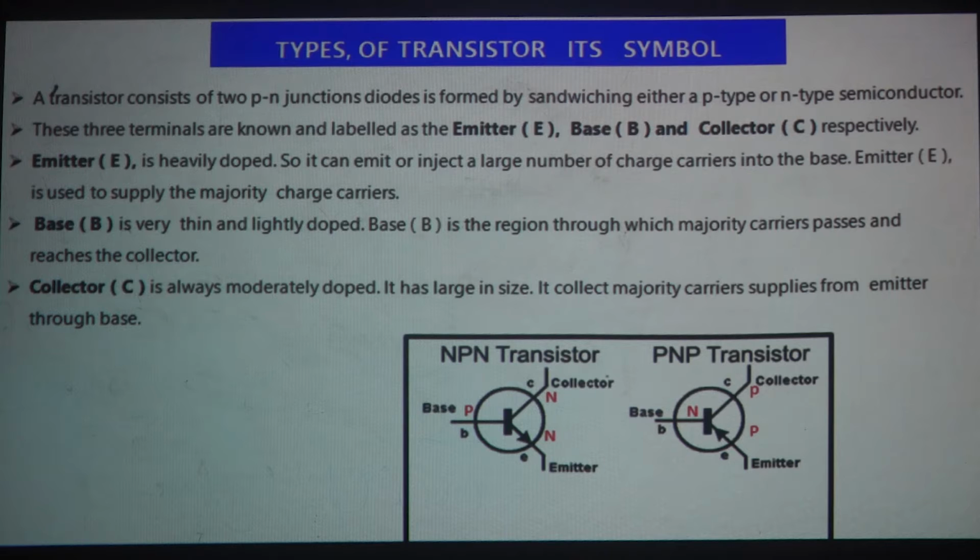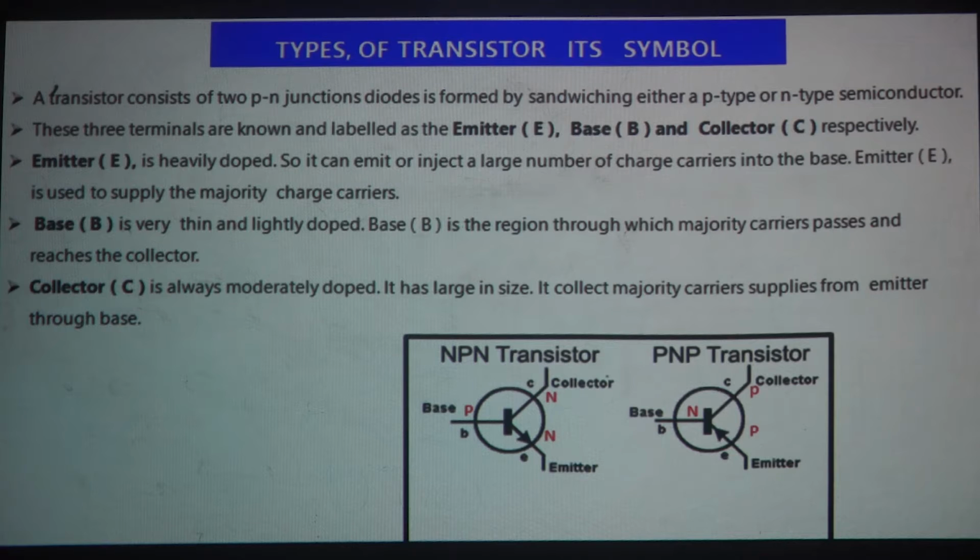Next one is the base. The base is very thin and lightly doped. The base is a region through which the majority charge carriers pass and reach the collector.